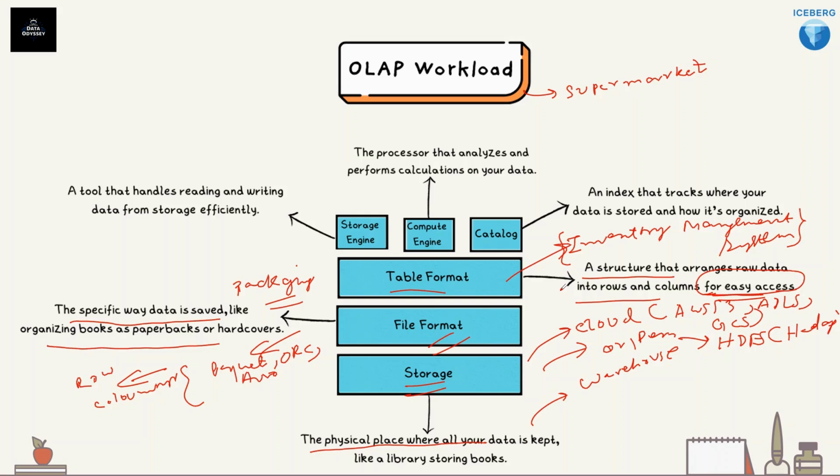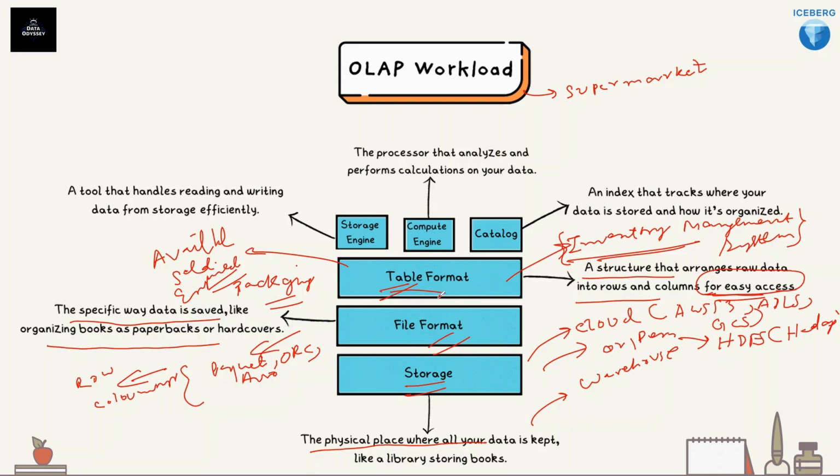So a supermarket tracks its stock, right? What products are available, or what products are sold or expired. All these kinds of tracking are done by the inventory management system. And similarly, in the world of OLAP workload, the task of the inventory management system is done by the table format. It is tracking everything with respect to that particular data, the various versions of the data.